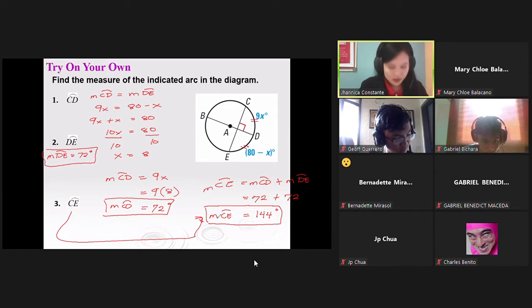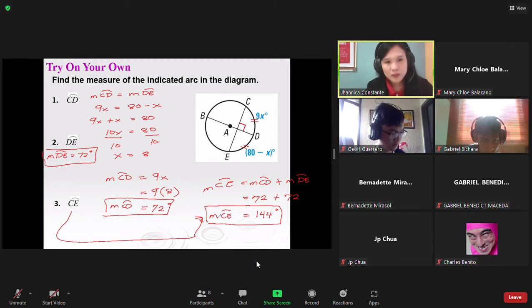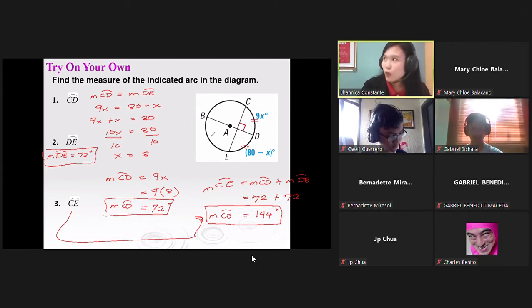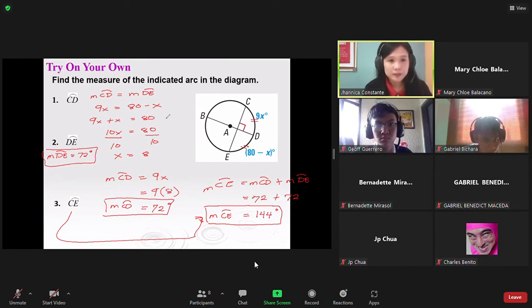So that is the second theorem about the diameter as the perpendicular bisector of our chord. You can only apply this theorem if the diameter is the one bisecting the chord. But if it's not the diameter that bisects the chord, it will not be equal.